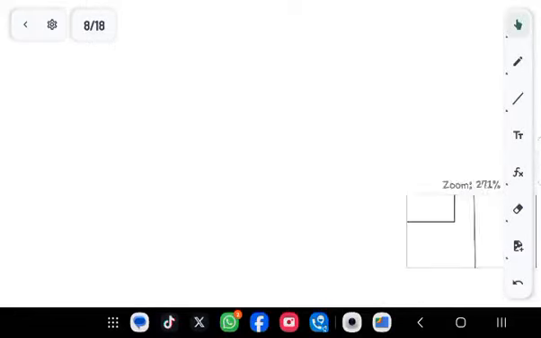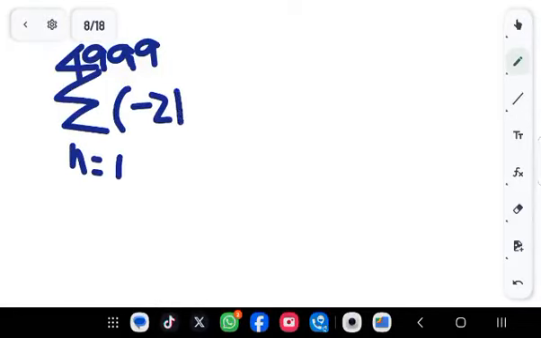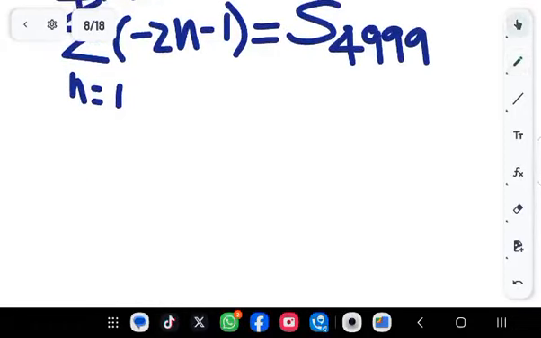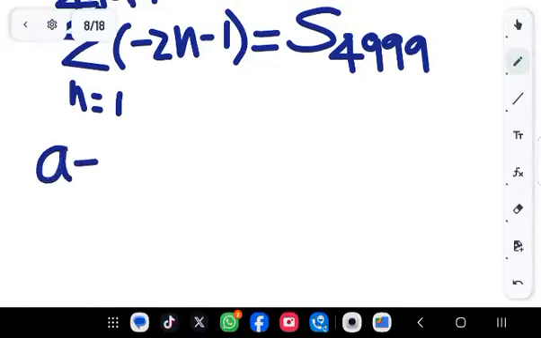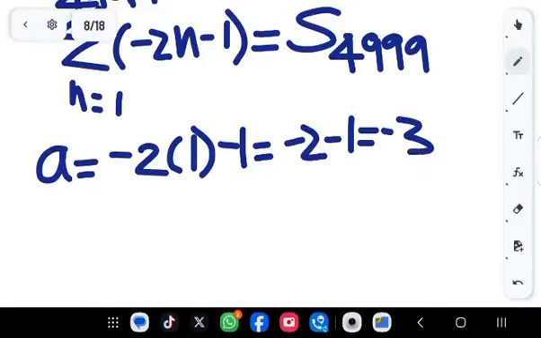Now this one goes sigma notation, 4,999 from n equals 1, and that is minus 2n minus 1. That is equal to the sum of the first 4,999 terms. Now let's find what the a is, which is the first term. A is simply minus 2 times 1 minus 1, which is minus 2 minus 1, which is negative 3.